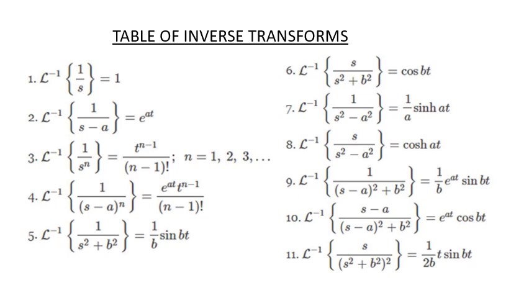Then we apply the inverse shifting and you will get e raised to at into cos bt. The eleventh one, s by s square plus b square the whole square, is 1 by 2b into t sine bt. Now if you learn these 11 formulas by heart, you can learn the inverse very fast.